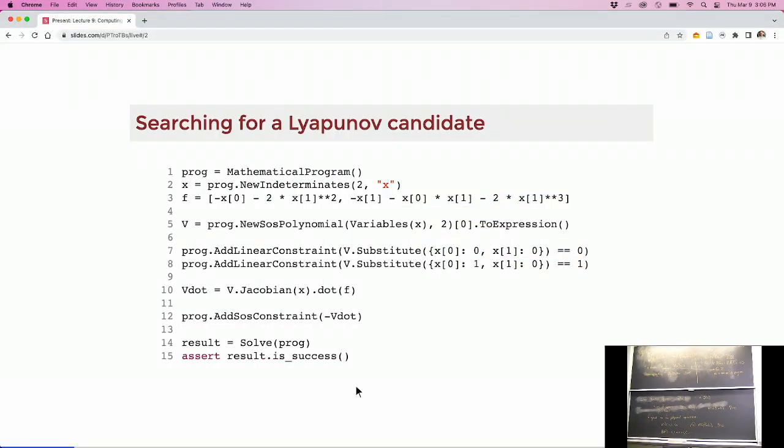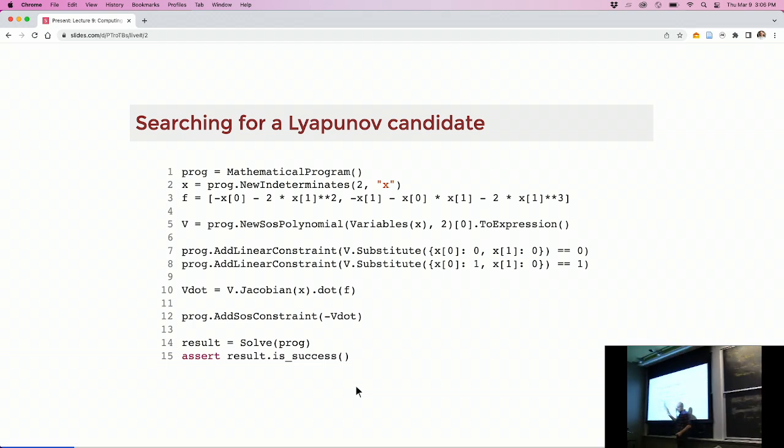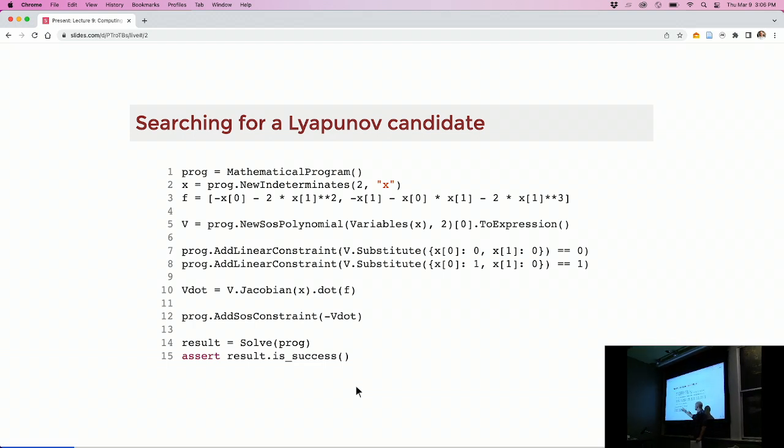Okay, so now I said, same beginning. Now v is not typed in as given. It says make a new sums of squares polynomial. So I just tell it the x. I say that says all powers up to 2 in these variables. And by saying it's a sums of squares polynomial, it also adds the extra matrix and semi-definite constraint.